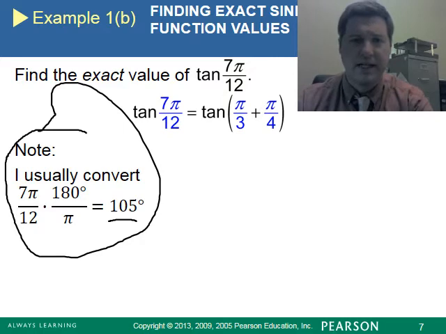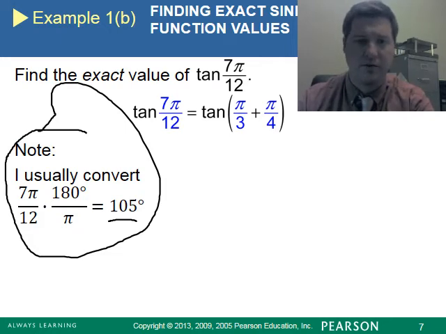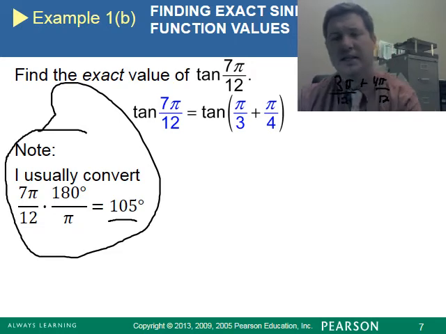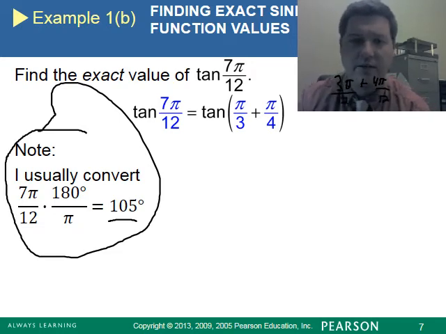Otherwise, I probably wouldn't skip right from 7 pi over 12 to pi over 3, pi over 4. But you may notice that 3 pi plus 4 pi equals 7 pi, and each of those simplifies to these, which are standard values for radians.